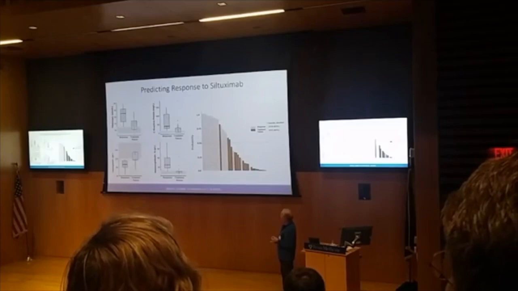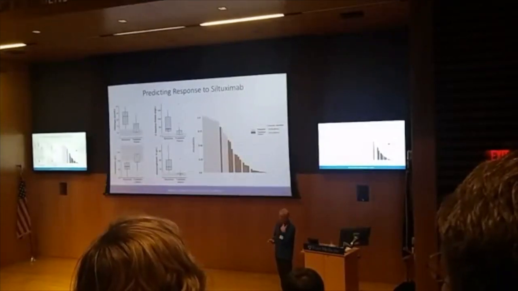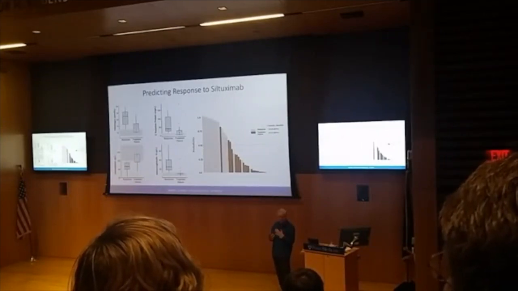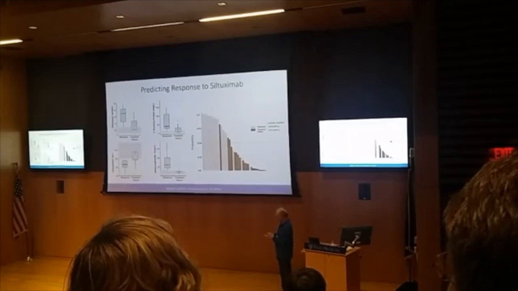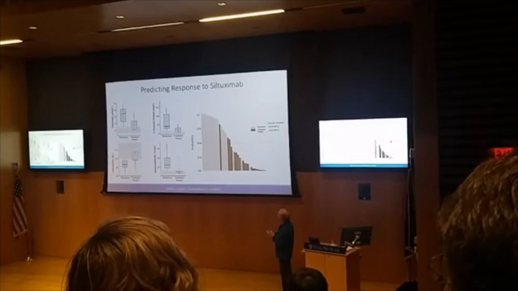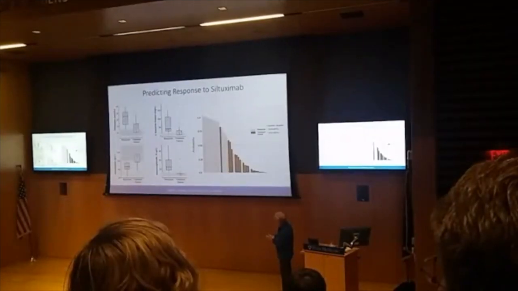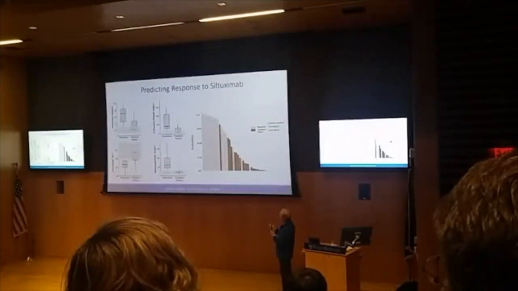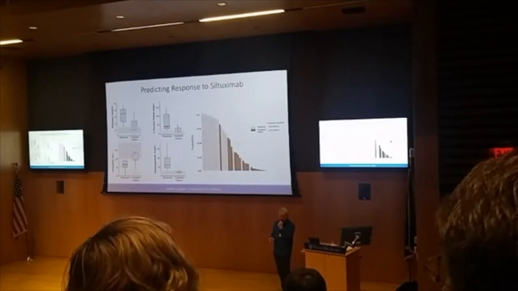Now, we've recently published a paper showing that these laboratory markers can also help to predict response to therapy. Patients who respond to siltuximab will have a higher fibrinogen level, a higher CRP, a higher hemoglobin level, and we built a model to see whether we can predict, based on the laboratory markers, who's going to respond to siltuximab or not.